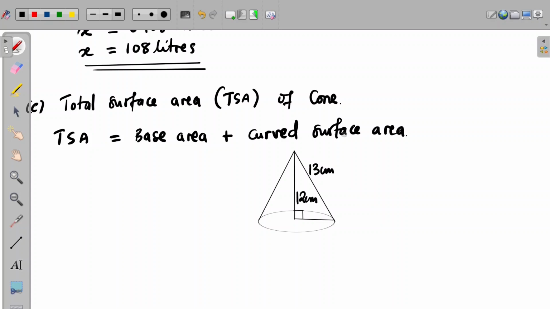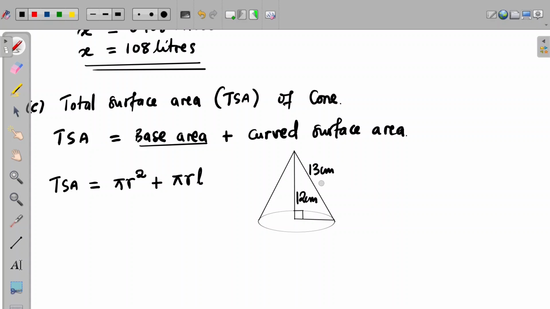So curved surface area, this is the formula in words. In symbols, total surface area is equal to base area, which is given by pi r squared, plus, to find the curved surface area, you say pi r times L. L is slant height.